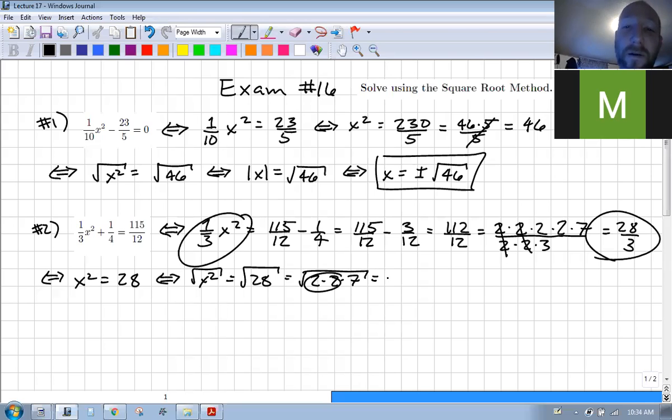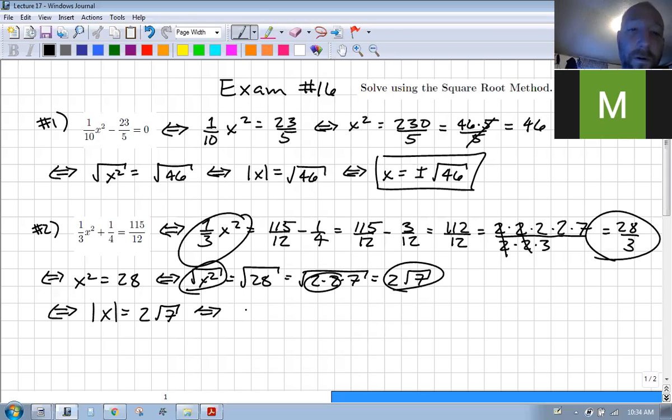So you can pull those out for a single 2 there. So we have this equals this. So we have absolute value of x is 2 root 7, or x is positive negative 2 times the square root of 7.